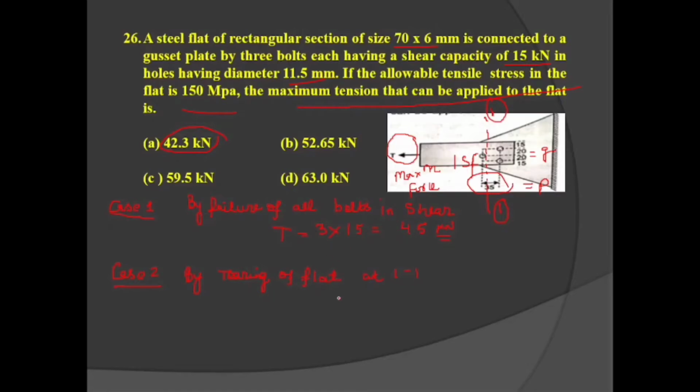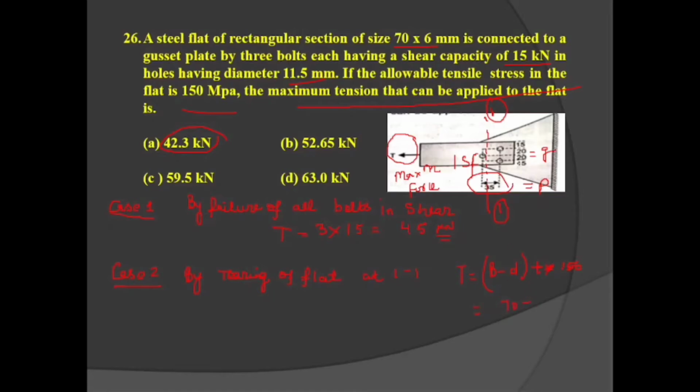So here tensile force is equal to (B minus D) into T into sigma, that is 150 megapascal. That is given. T is given. Now B is equal to 70.